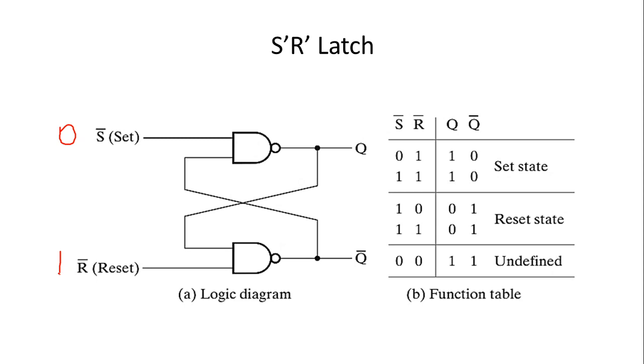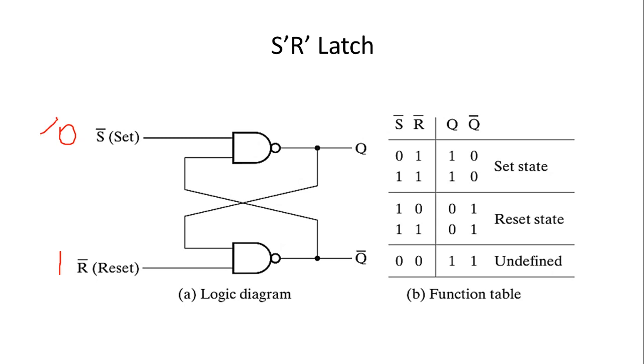Now we have NAND gate, and NAND gate is just a complement of AND gate. So if any input of an AND gate is 0, the output is 0. So we will use that terminology to evaluate this circuit. So we start from 0.